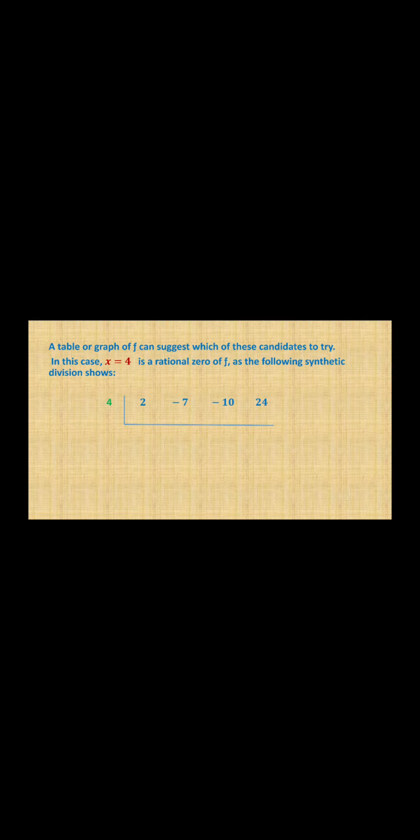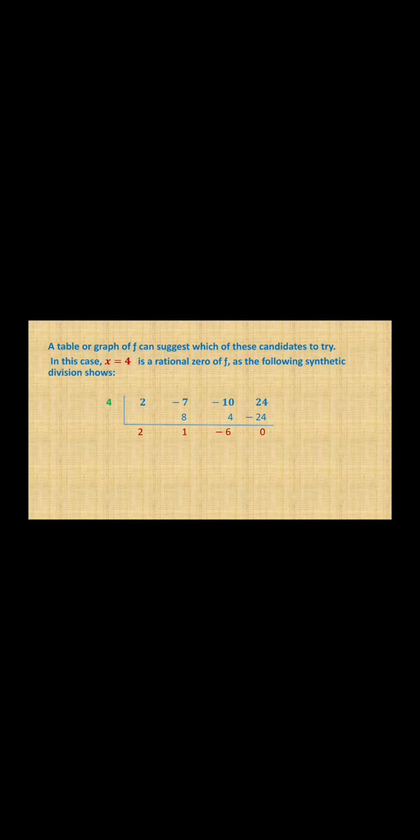We start by putting 2 down, and then multiply 2 by 4 is 8, then add negative 7 plus 8 is 1, then 1 times 4 is 4, and negative 10 plus 4 is negative 6, and negative 6 times 4 is negative 24, so 4 plus negative 24 is 0. It means there is no remainder.